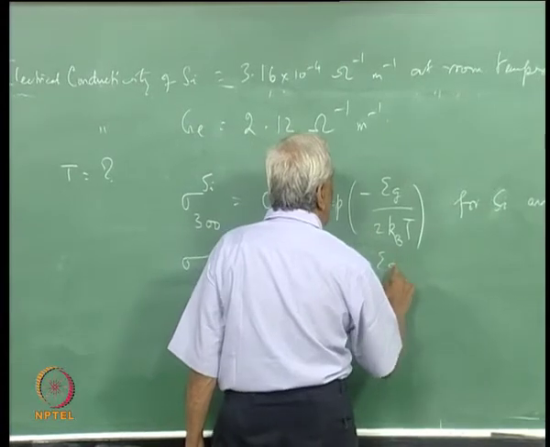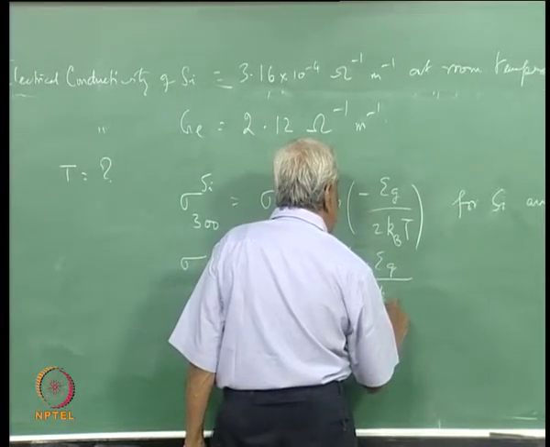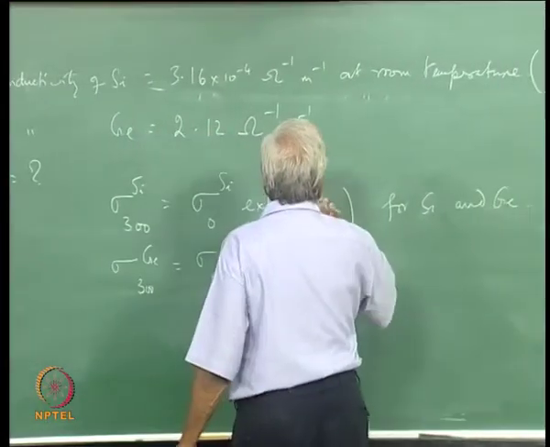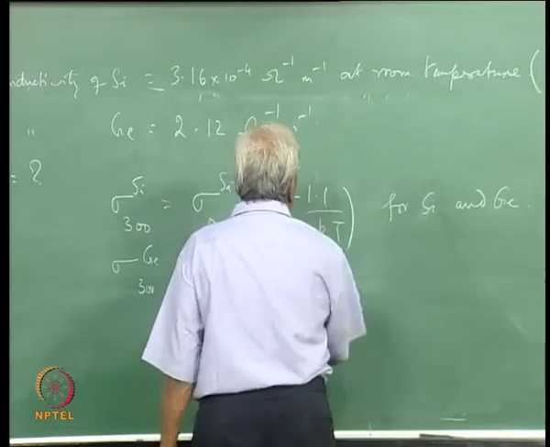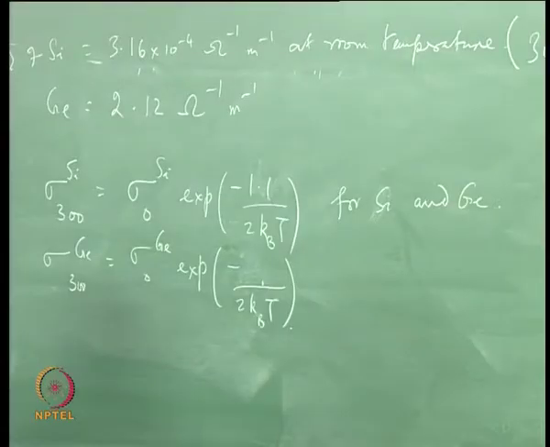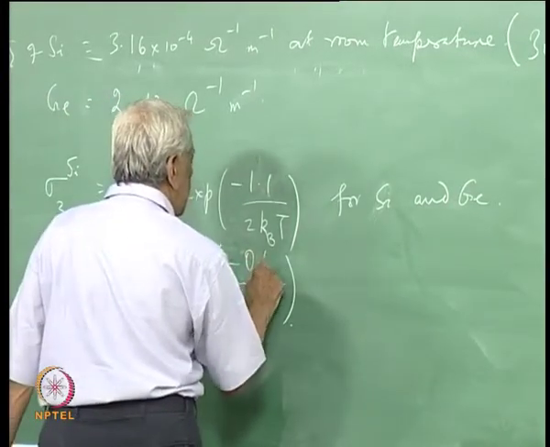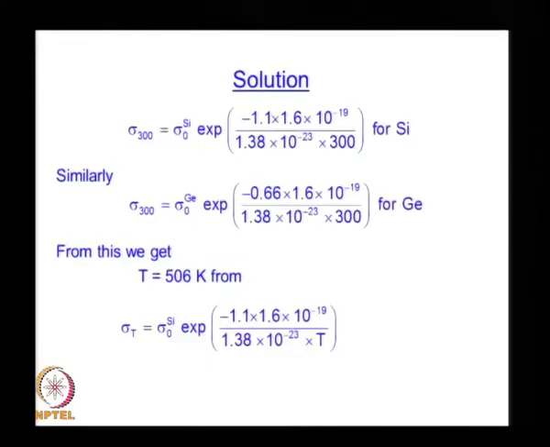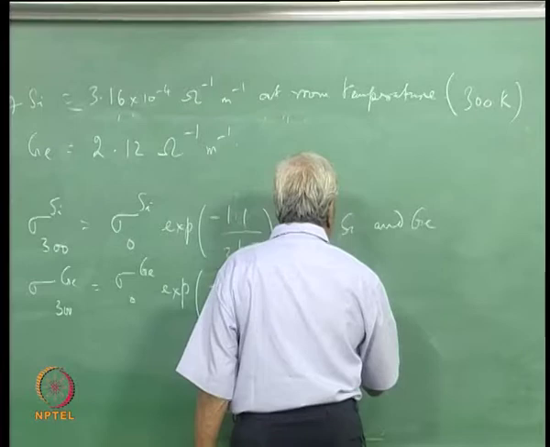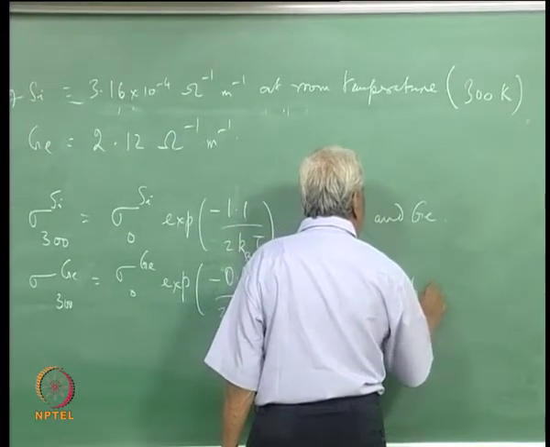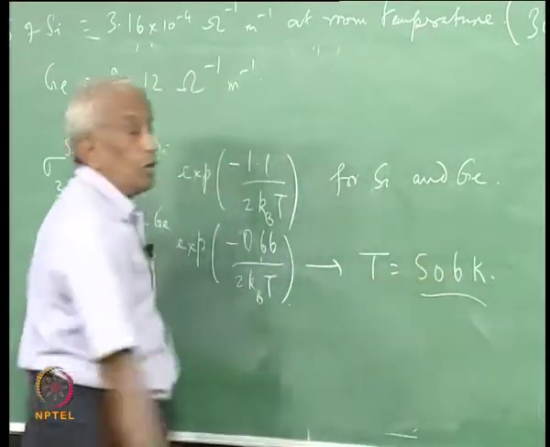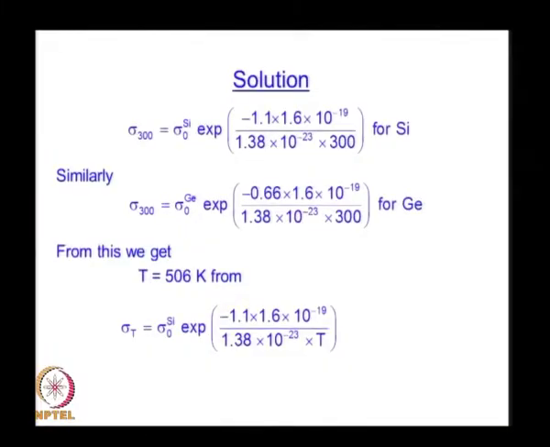Of course, the energy gap values are different. So, the energy gap in this case is 1.1 electron volt, and in this case this is 0.66 as we just now saw. So, eliminating sigma 0, we get T as 506 Kelvin. So, you have to heat silicon to 230 degrees Celsius for it to get the same conductivity as germanium at room temperature.